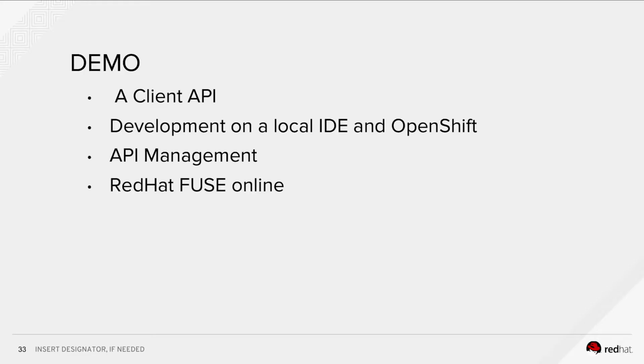Then we'll talk a little about the automation. We'll engage API management. And lastly, we'll talk about Red Hat Fuse Online, which is the high-level, non-programmer targeted solution that we just brought into the market. So let me switch that over.